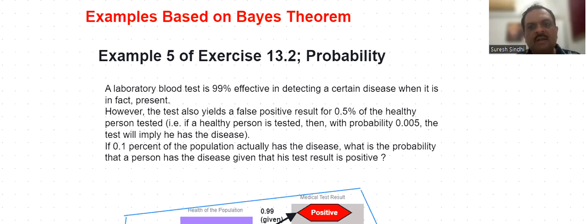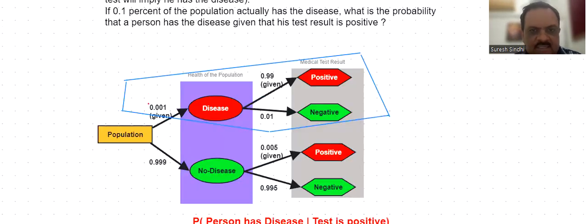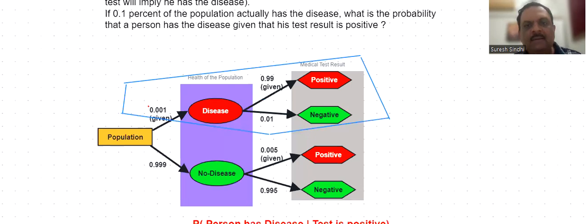Disease is present and the blood test is detecting in 99% of times that yes, this disease is present. So this is a true positive. So this is the probability 0.99. You can see here disease is present and the laboratory is able to detect this with probability 0.99.